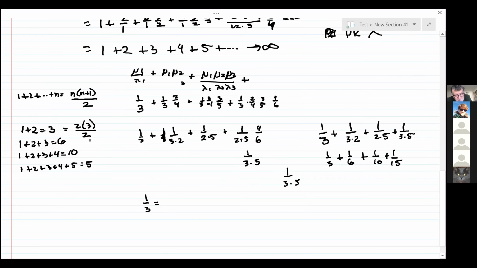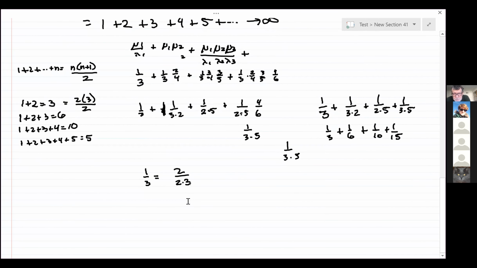So the reciprocal of this would be 2 over 2 times 3, which is the 1/3. That's fine. What about the 1/6? The 1/6 would be the reciprocal of this. And what is this? This is 3 times 4 over 2. So that would be 2 over 3 times 4.